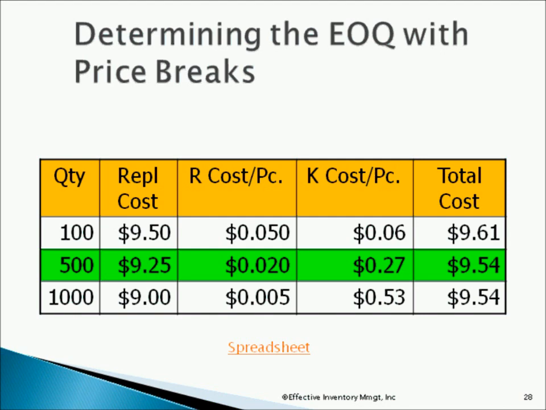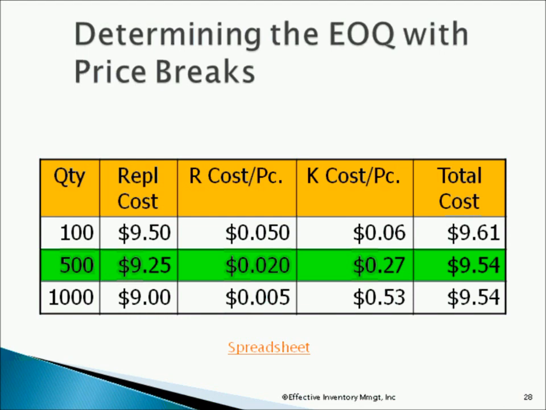No matter what I sell the item for, I want to minimize that total cost of inventory per piece. I want to buy either the 500 quantity or the 1,000 piece quantity.